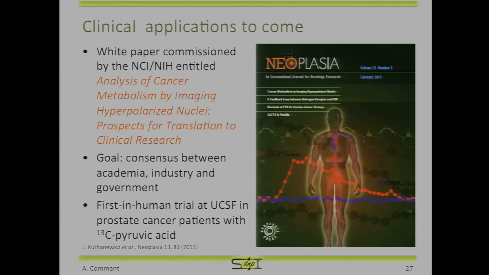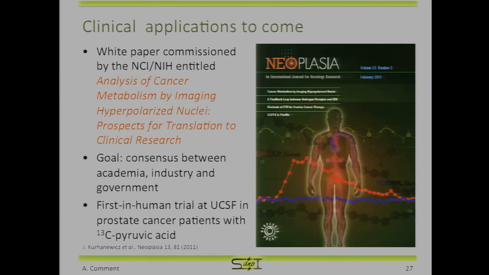And finally, I wanted to mention that it's a technology that's on its way to clinical applications. We were commissioned by the NCI NIH in the US to write a white paper called Analysis of Cancer Metabolism by Imaging Hyperpolarized Nuclei.